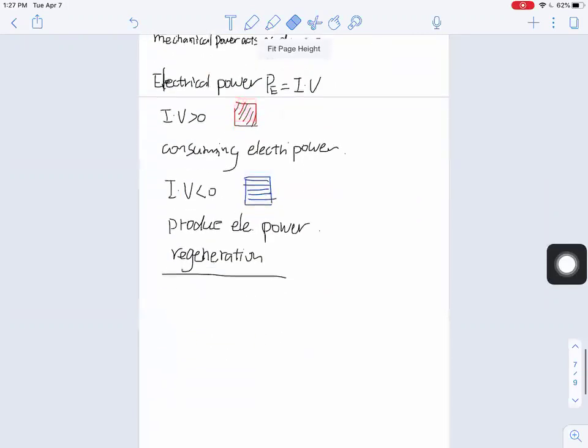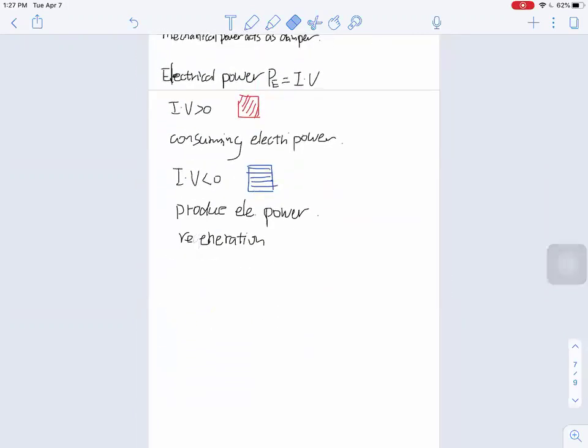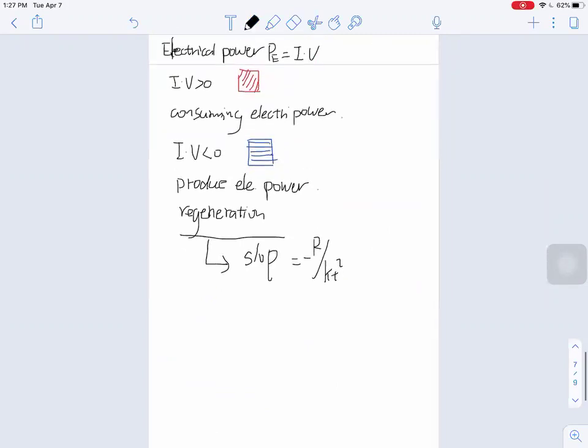So under regeneration, that slope is very important. Slope is negative R over Kt squared. And if either R increases or Kt decreases, that will give you a very steep slope. So your curve is gonna move in that direction, and that will give you a smaller region for regeneration.